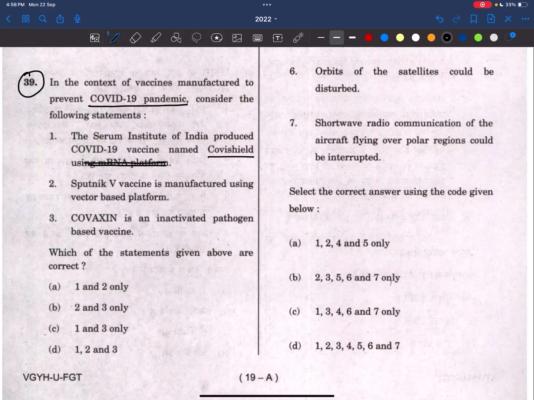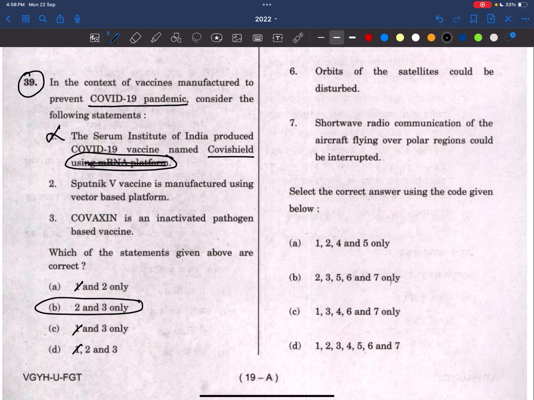This way people will be vaccinated against the disease. But it is not based on an mRNA platform. It is a vector-based vaccine based on the chimpanzee adenovirus. So the first statement is wrong. Answer is 2 and 3. Even without reading these two statements, we got the answer.